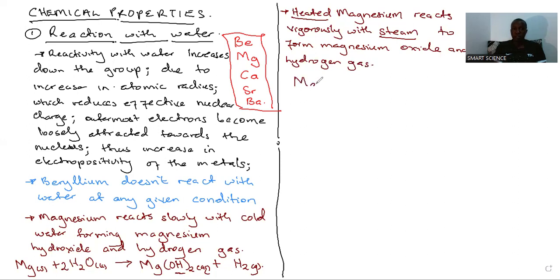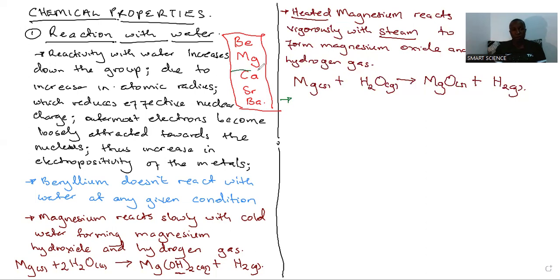And whichever statement you write, make sure that statement is defended by an equation. In this case, our water is in form of gas. We shall form magnesium oxide and hydrogen, which is a gas. The equation is balancing, so there is no need of looking at any way of balancing it.